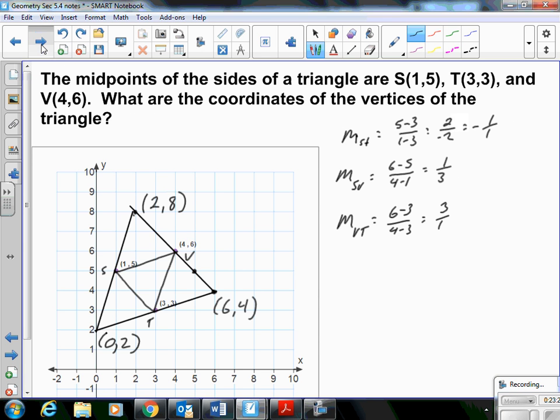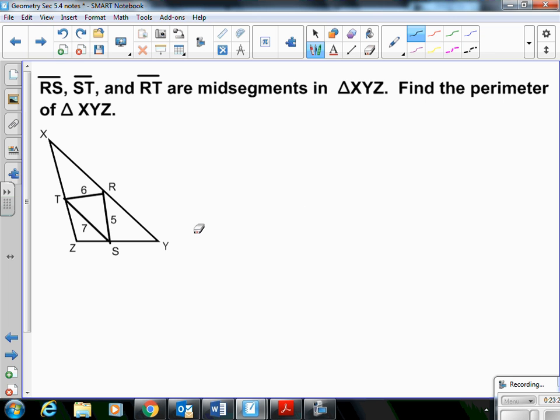All right. So on to the last one here. It says that segment RS, segment ST, and segment RT are mid-segments in triangle XYZ. Find the perimeter of triangle XYZ. So these are all mid-segments, 5, 6, and 7. So we know that each mid-segment is half the length of the side that it's parallel to. Right?